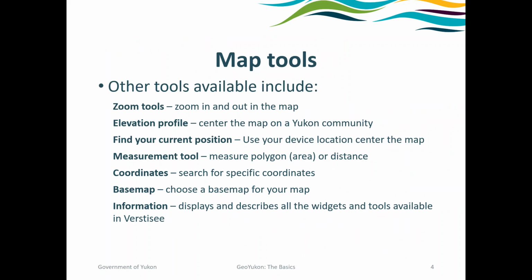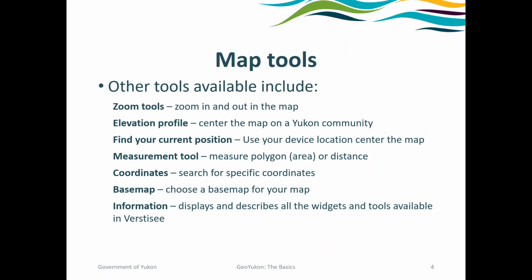There's a place to put in coordinates, and that allows you to go directly to a place on the map where you know the coordinates, but maybe you can't find it. You can choose what kind of base map you want. That's just for visualization. It's just for how you like to see the application.